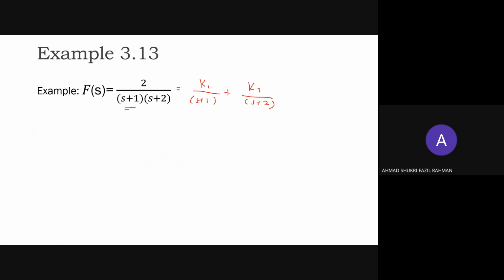Since we have only two terms, 1 and 2, our partial expression also needs to be a sum of two terms, here and also here. If we have more, you need to put more, K3, and so on, up to Kn. Right now, we have only two terms here, so no need for this part.